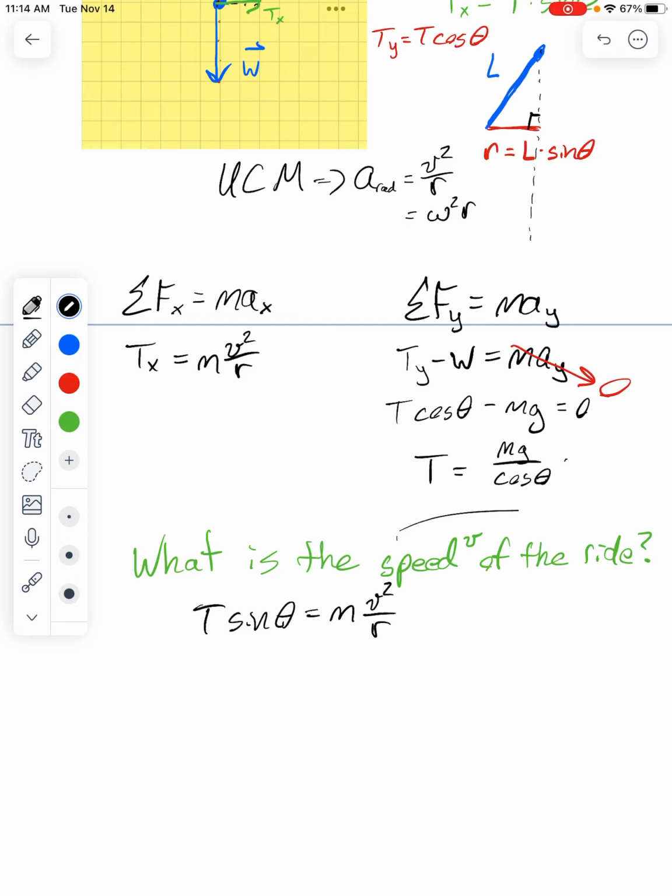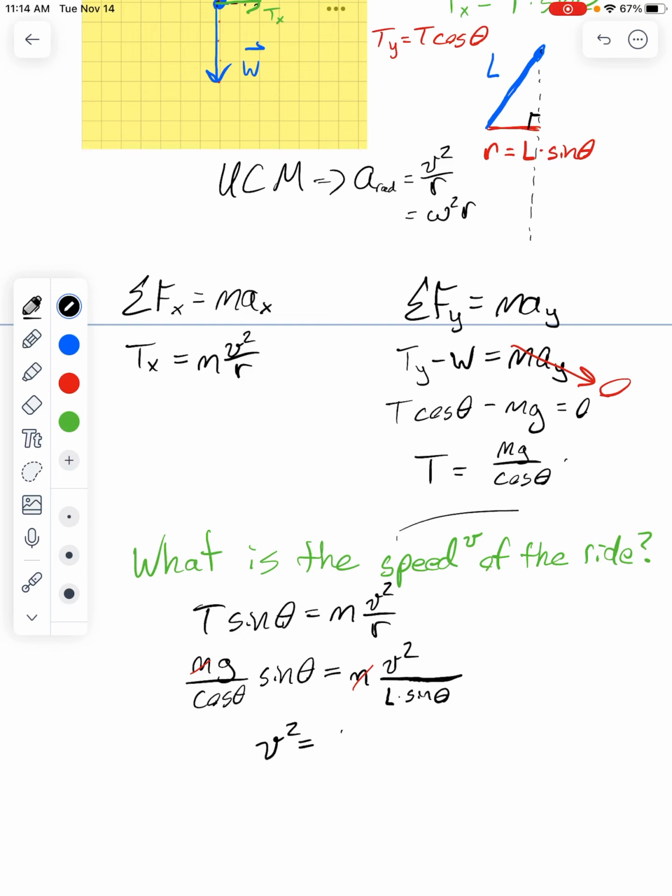We know that T is mg over cosine theta. So mg over cosine theta. We still have our sine theta. We'll see that the masses cancel out. We've got our v squared. And remember that we have an expression for r, which is L sine theta. So like we said, the masses cancel out. And you can decide how you want to simplify this.